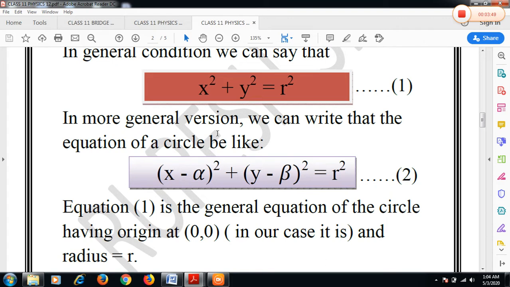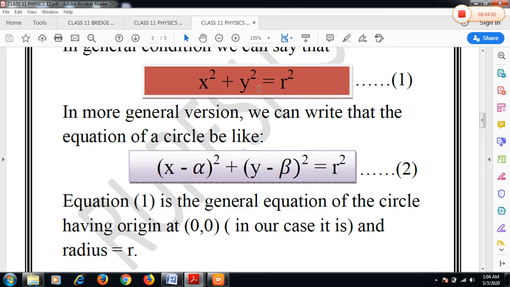It is a more general version than equation 1. So if we put alpha equals 0 and beta equals 0, that is, the origin is fixed at the (0, 0) point, then we can easily reach equation 1.